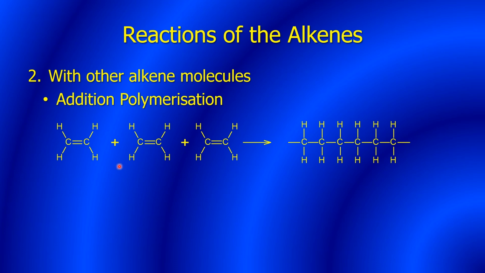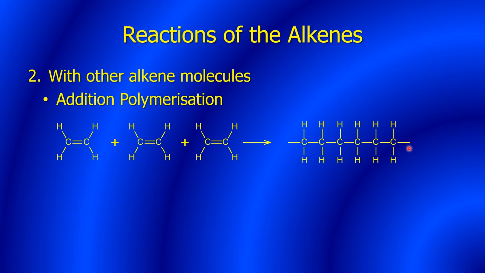Okay, so if we represent this reaction, and I'm only going to show 3 ethene monomers, these can join together, and these 3 monomers, so 6 carbons in total, will join together like this to form a longer chain. Notice how at the end of the molecule, at the end of the polymer, there are these bonds which aren't attached to anything.